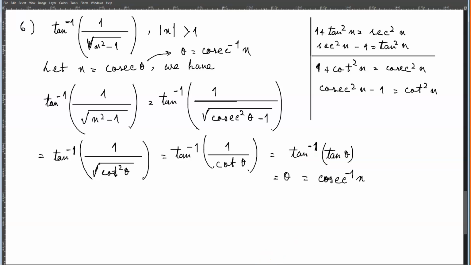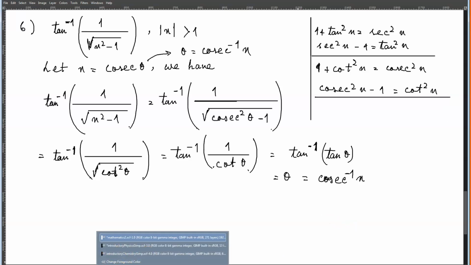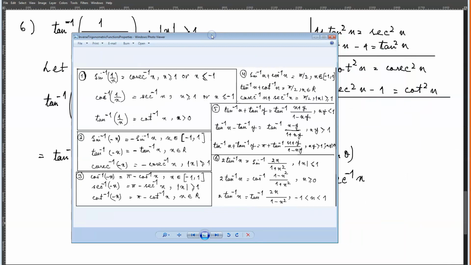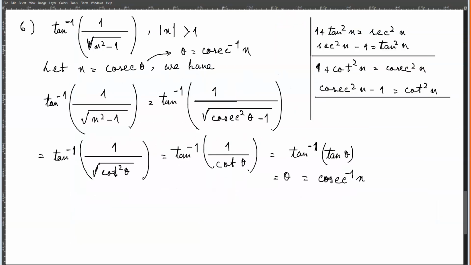Now basically we said that secant inverse of x plus cosecant inverse of x, in the formulas that we derived, is equal to pi by 2 for all x where the absolute value of x is greater than or equal to 1.